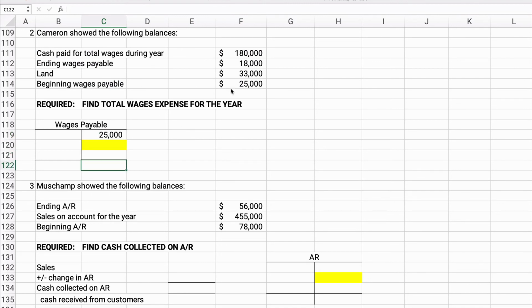It's a liability, so it's on the credit side. The ending wages payable is $18,000. Anytime we pay cash, we're going to debit wages payable and credit cash, so that's $180,000. And so how much is our wages payable? Our wages payable is going to be what?